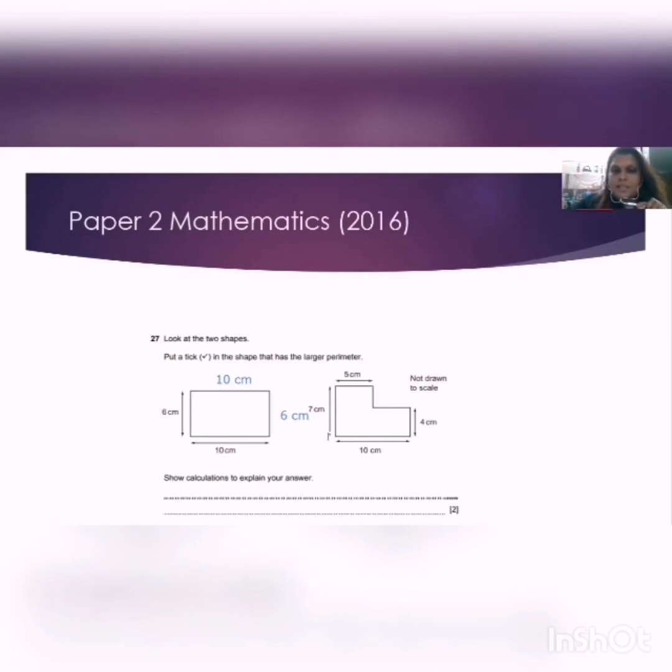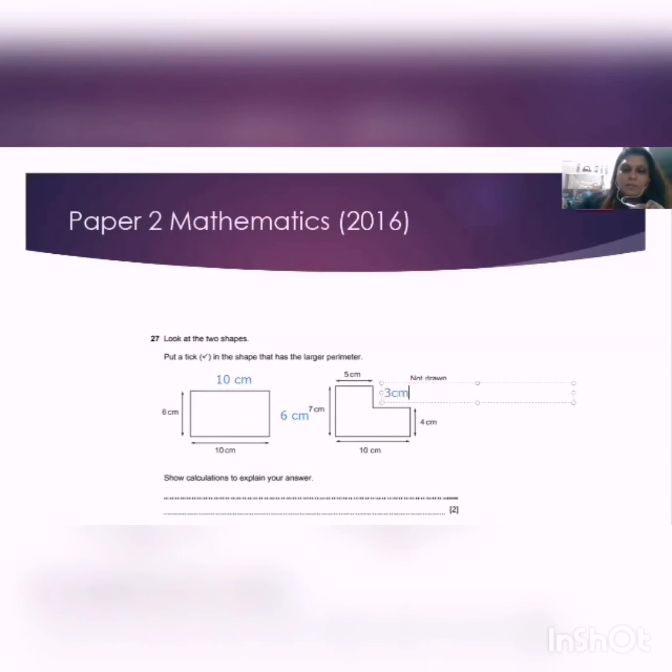Now let's look at this L shape here. We have 7 centimeters over here, 10 centimeters over here, and then we have to find both of these. How are we going to find this? This line here we have 7 centimeters, and here we have 4 centimeters. So the remaining will be the answer. 7 minus 4 is 3 centimeters.